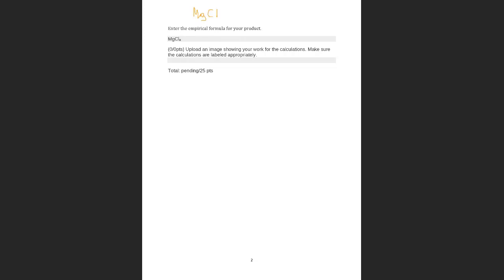And for chlorine, we calculated the subscript 2. So this will be our empirical formula. It looks like it's 0 points, but you can upload your work if you want. That depends on your teacher. Any questions?